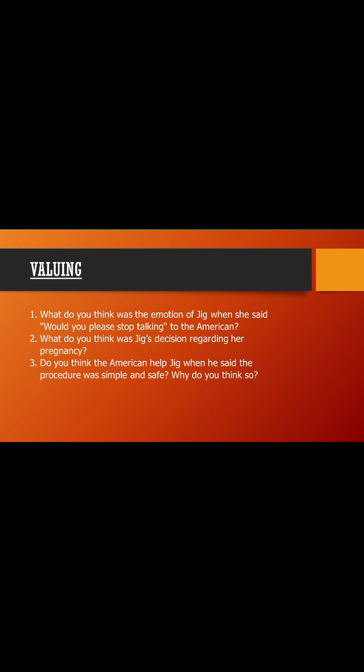The first one is, what do you think was the emotion of Jig, the girl, when she said, "Would you please stop talking?" Next, what do you think was Jig's decision regarding her pregnancy, or to be precise, her unwanted pregnancy? And lastly, do you think the American helped Jig when he said the procedure was simple and safe? Why do you think so?